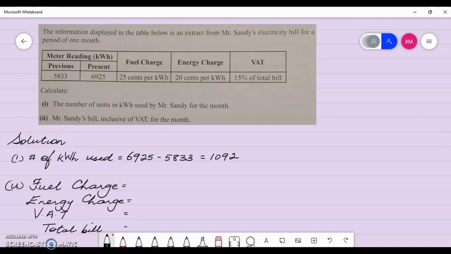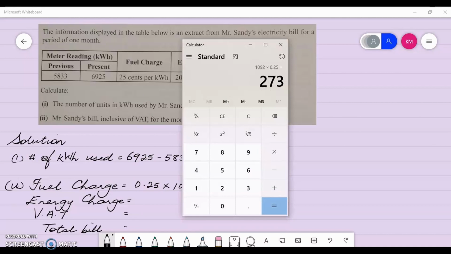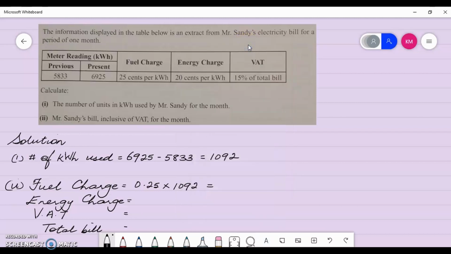So let's look at the fuel charge. Fuel charge is 25 cents per kilowatt. So it is 25 cents multiplied by, he used 10.92 kilowatts. So it's going to be 10.92 multiplied by 25 cents, and that is going to be $2.73.